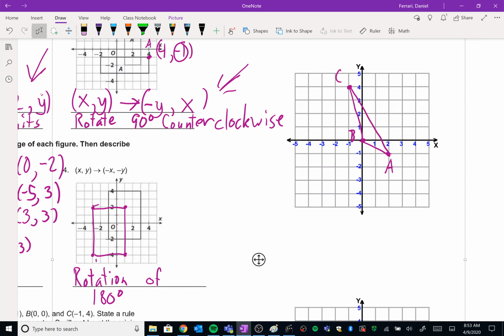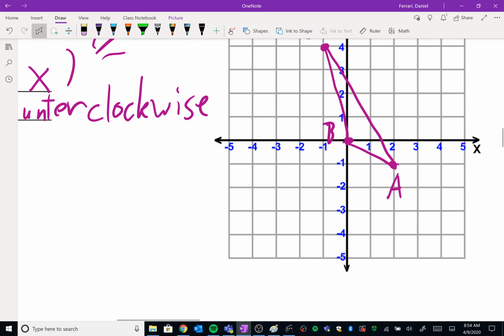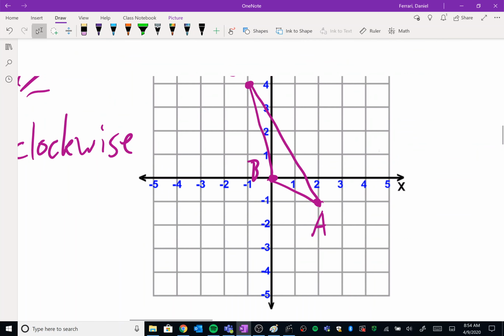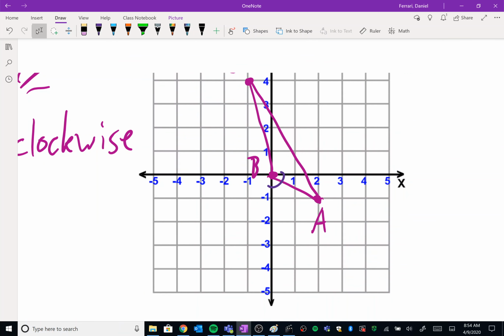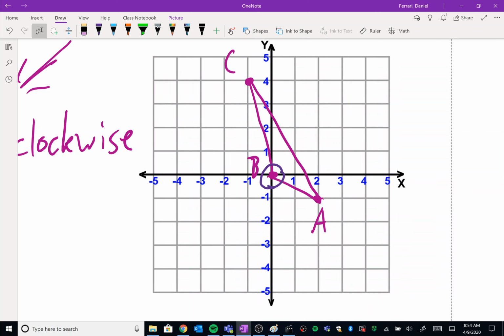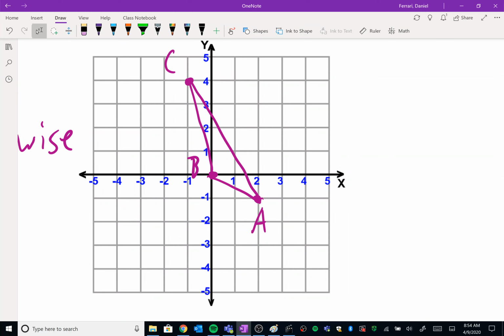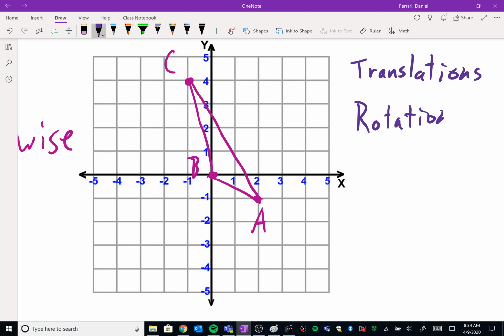Okay, so we are looking for a transformation that will make it so that this point B is no longer at the origin. Okay, and if you remember back, we have 3 types of transformations for this section anyway. We have translations, we have rotations, and we have reflections.